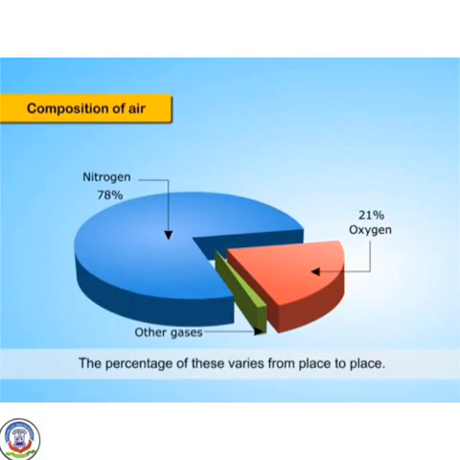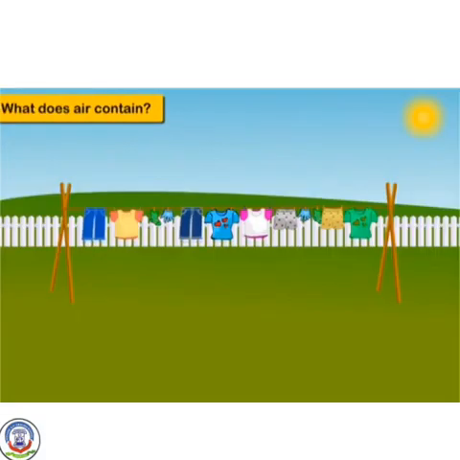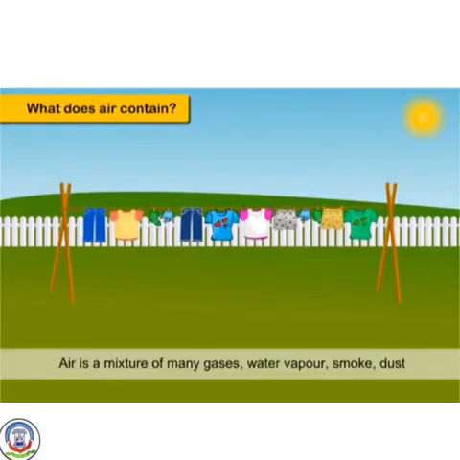The percentage of these varies from place to place. What does air contain? Air is a mixture of many gases, water vapor, smoke, dust particles, and germs.